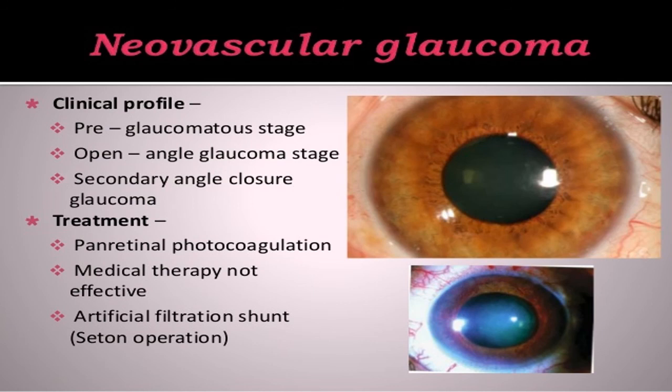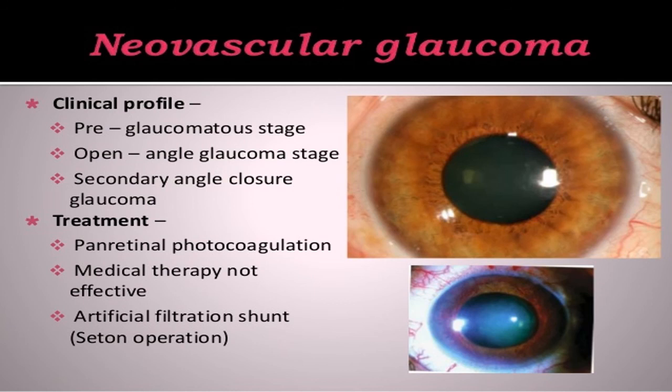In the open angle glaucoma stage, the neovascularization is seen on gonioscopy. And in the secondary angle closure stage, because of the contraction of this fibrovascular membrane, the peripheral iris is dragged towards the cornea, and that's how the angle is closed.